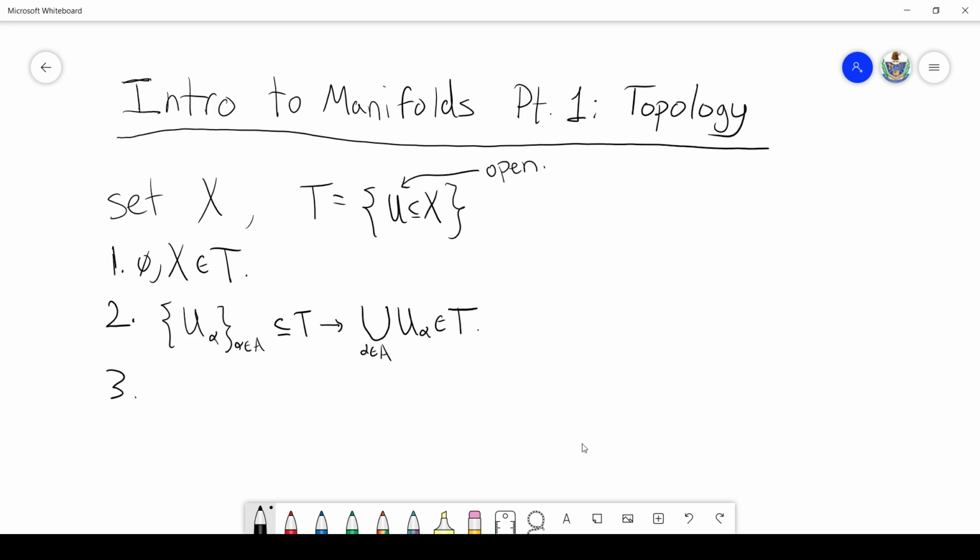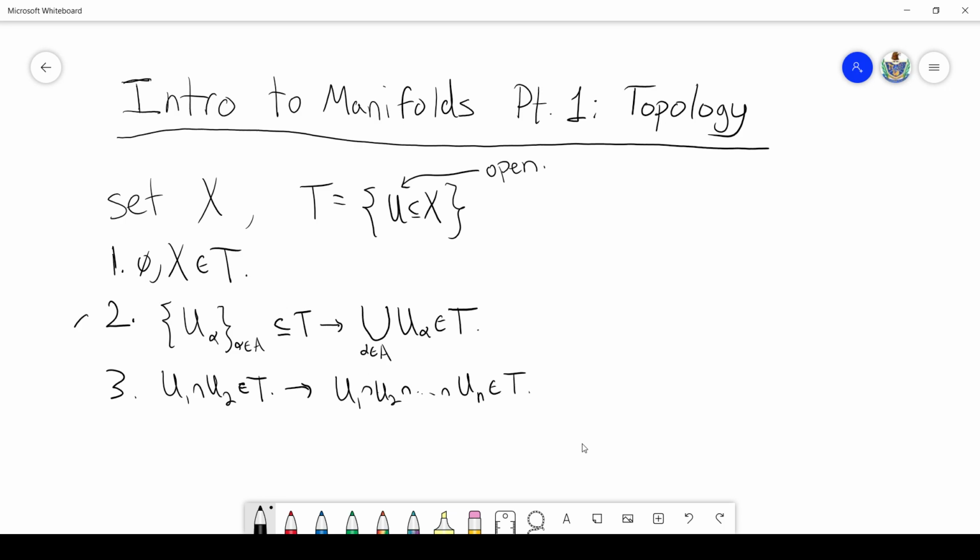And finally, the third condition is, succinctly, that the intersection of two open sets must also be open. You can generalize this via induction to say that the intersection of a finite collection of open sets is open.